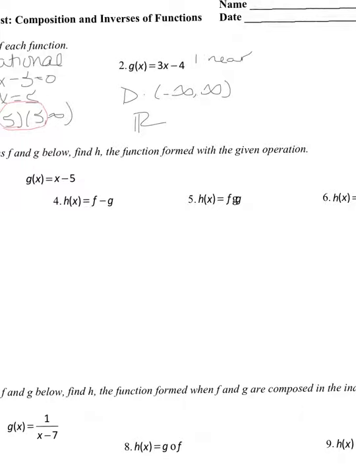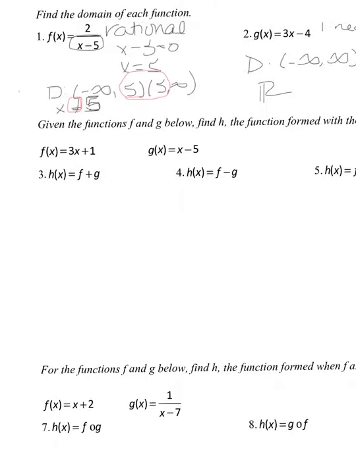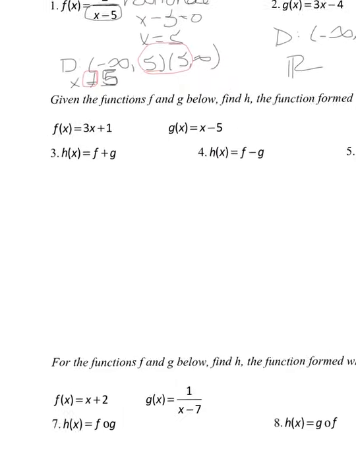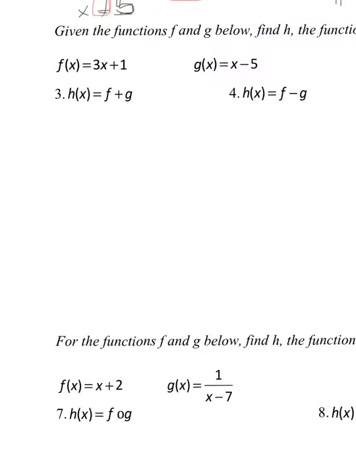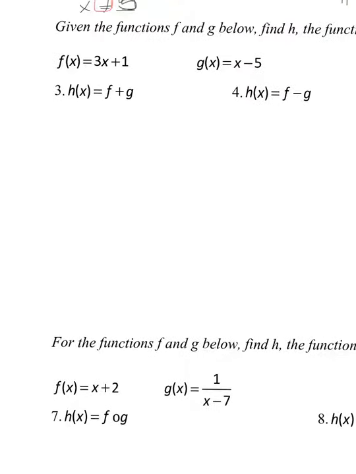All right, guys. The next set of problems deals with combining functions. So we are going to use f of x equals 3x plus 1 and g of x equals x minus 5 for all of these problems. We're just going to combine them in different ways. The first one is addition. I'm calling this h of x because that's what it was called. So this is 3x plus 1 plus x minus 5.